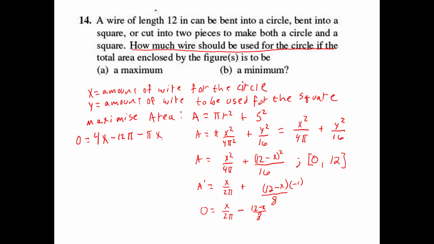Add the 12 pi to both sides. What's left on the right side is the 4x minus pi x. And so you get 4 minus pi times x. Divide both sides by 4 minus pi. And so x is equal to 12 pi divided by 4 minus pi.